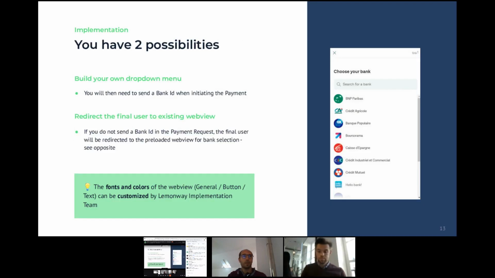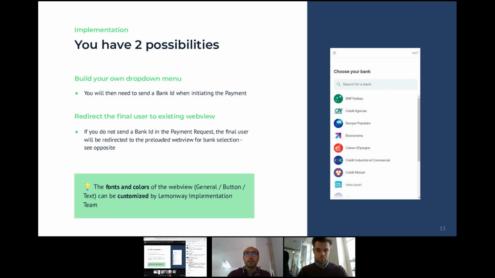Yes, hello everyone. I'm going to explain how technically we need to implement our solution. So we have two API calls, one to get the bank list, and the second one to initiate the payment with a bank ID, which was provided before with the get bank list.